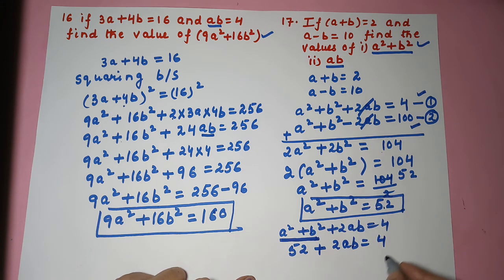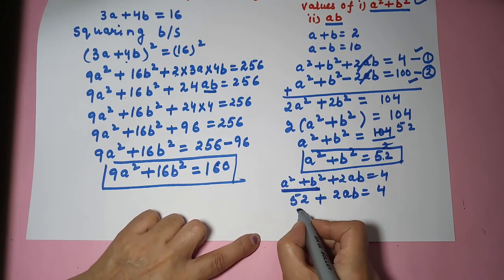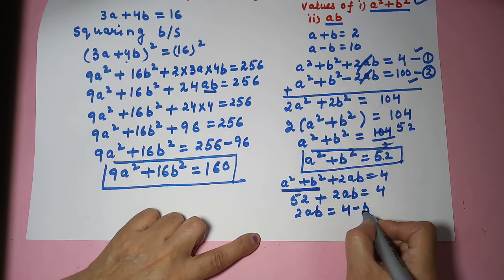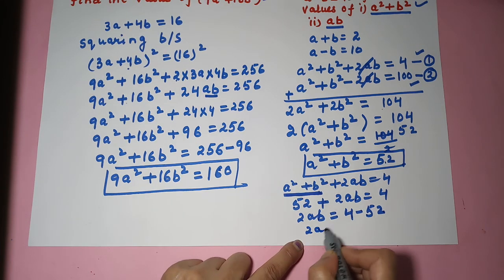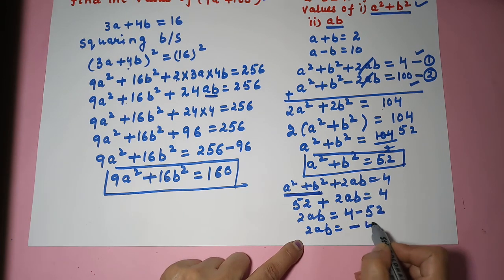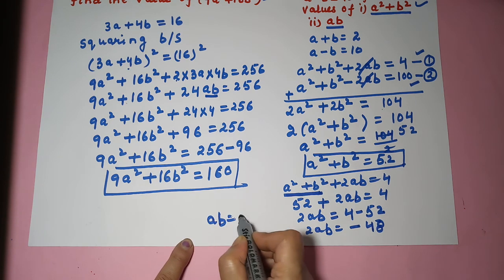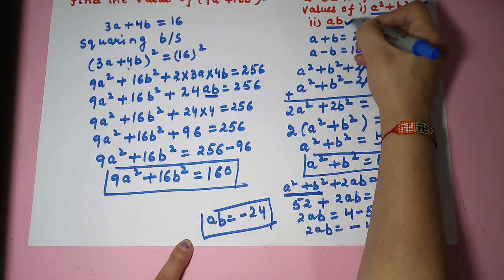If I shift this to this side, what will I get? I will get 2ab is equal to 4 minus 52, right? That will give me 2ab as minus 48. So if I divide this 2 by this 48, I will get ab as minus 24. So I have found the value of ab also, right?